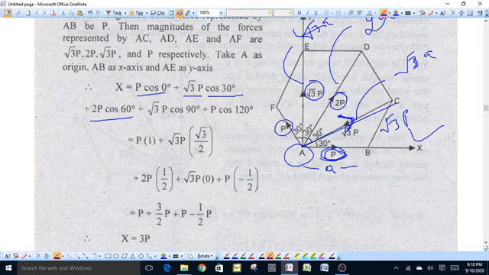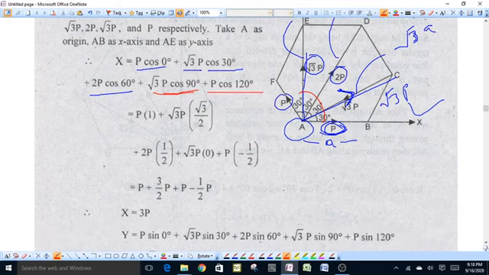The force along AE makes an angle of 90 with the positive direction of the x-axis, therefore its x component will be √3P cos 90. Similarly, the x component of the force along AF will be P cos 120. After simplification, we have x equal to 3P.